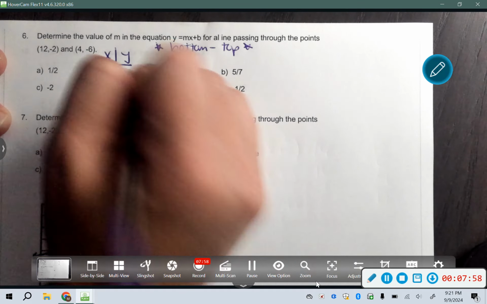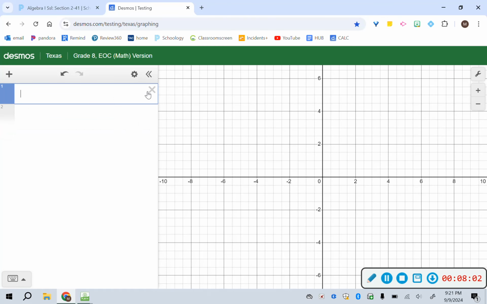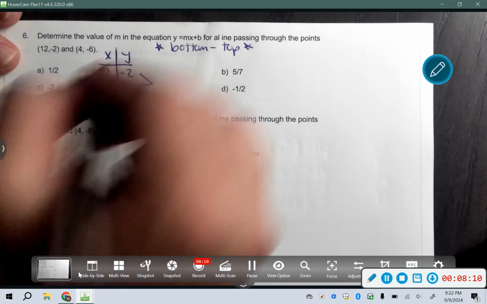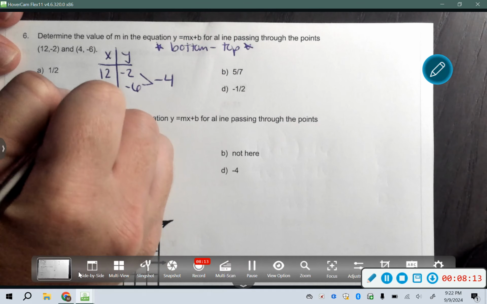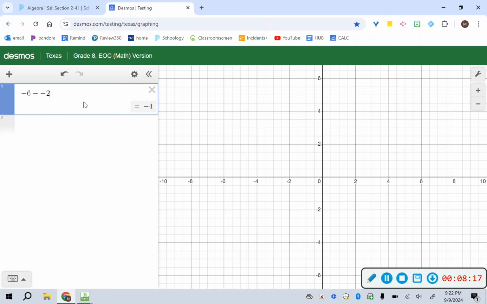So negative 6 minus negative 2, so we're going to type that in our calculator. Negative 6 minus negative 2, so you see I typed a double negative, and I get negative 4. And then 4 minus 12 is negative 8.